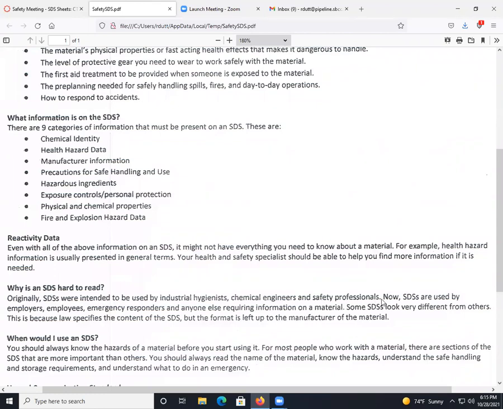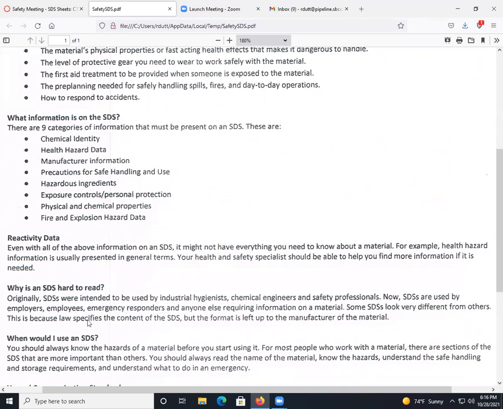Now SDSs are used by employees, employers, emergency responders, and anyone else requiring information on a material. Some SDSs look very different from others.